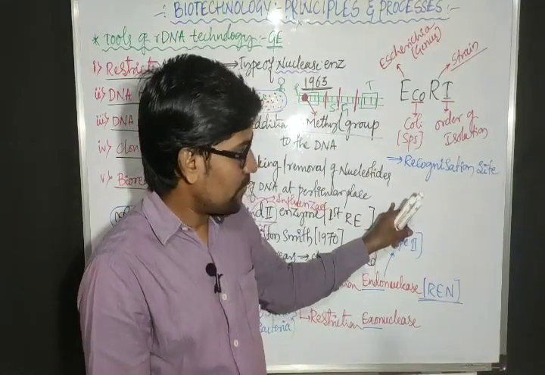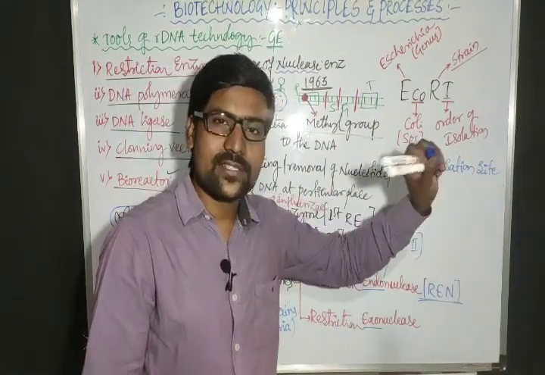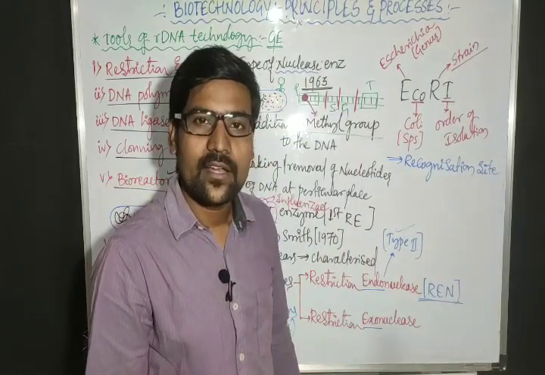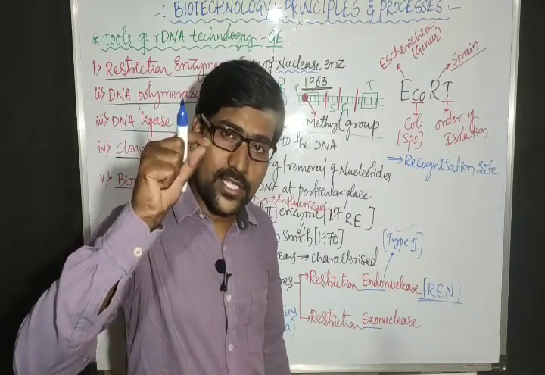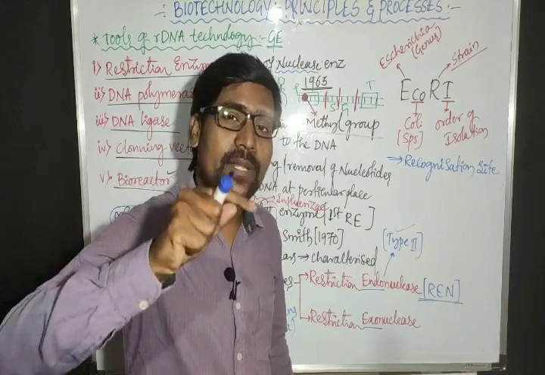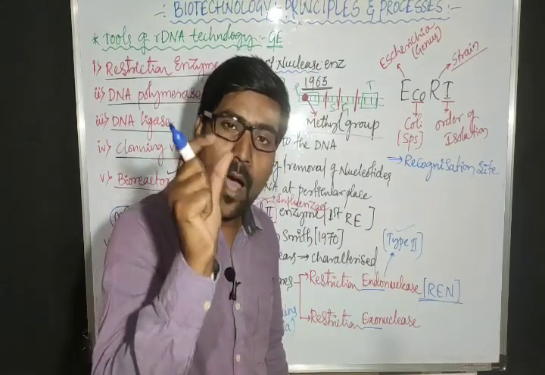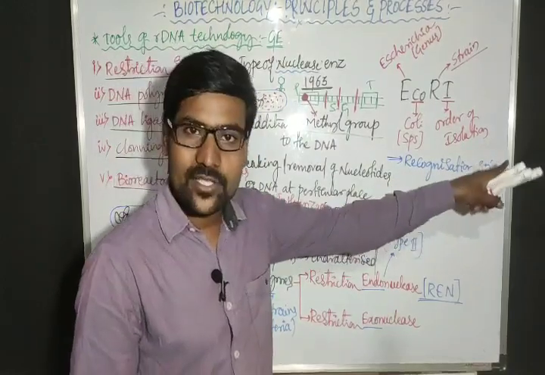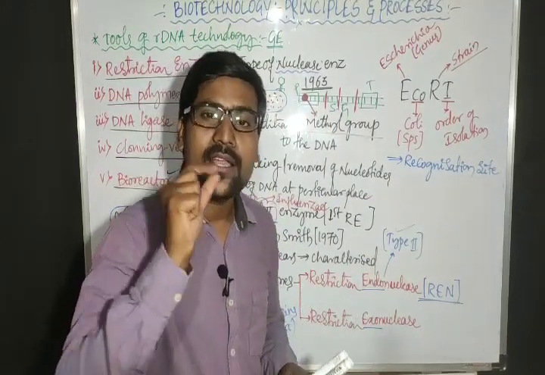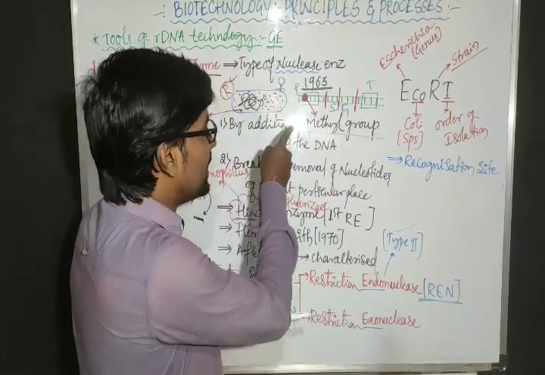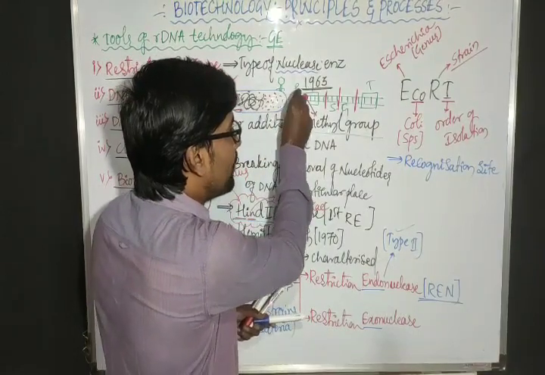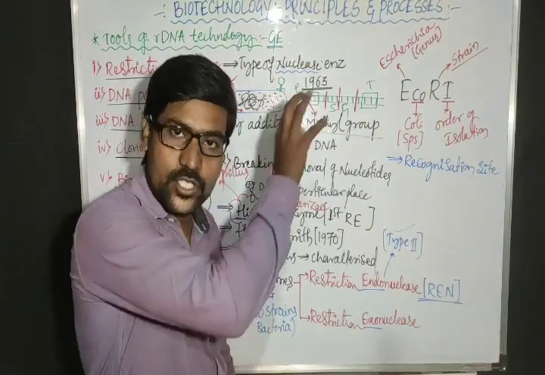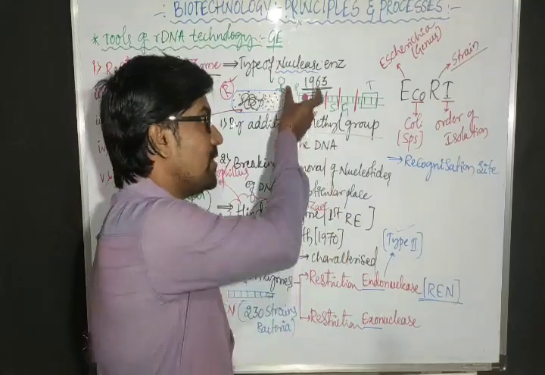For example, DNA dependent RNA polymerase enzyme will attach at the promoter region of a gene.